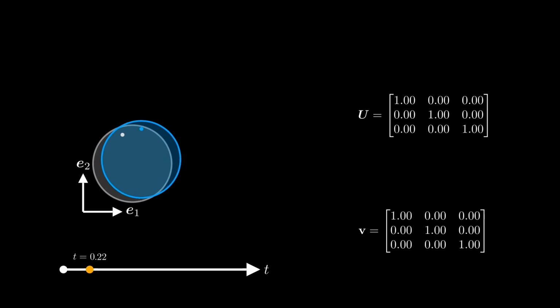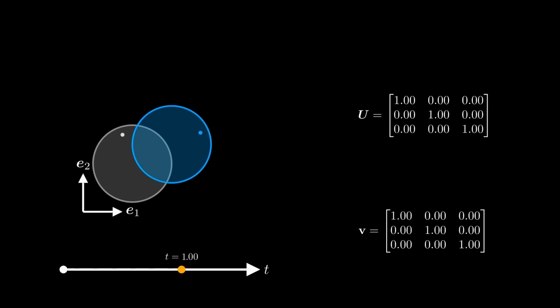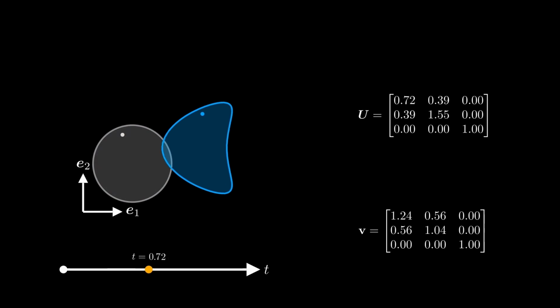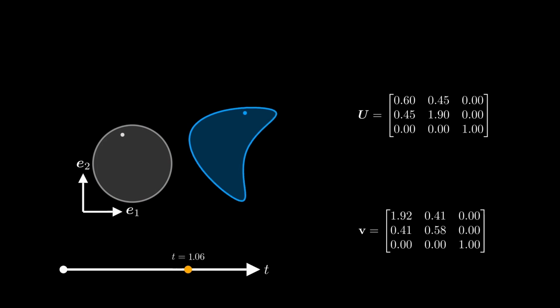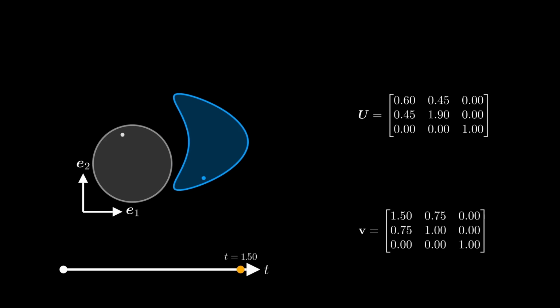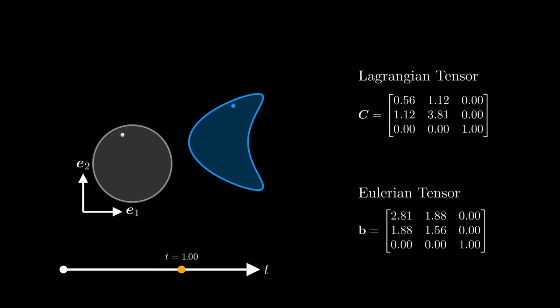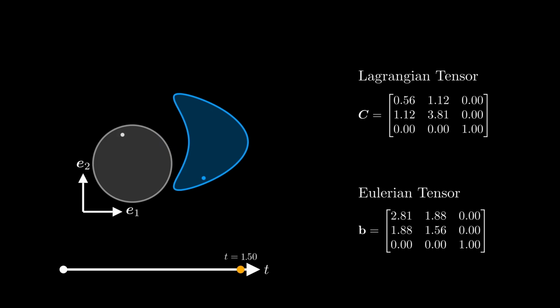Let's summarize. We started this video by talking about the right and left stretch tensors U and V. Both of them are invariant to rigid body motions of the undeformed configuration. However, only the right stretch tensor is invariant to rigid body motions of the deformed configuration. Afterwards, we have defined the right and left Cauchy-Green deformation tensors, which are the squares of the stretch tensors.